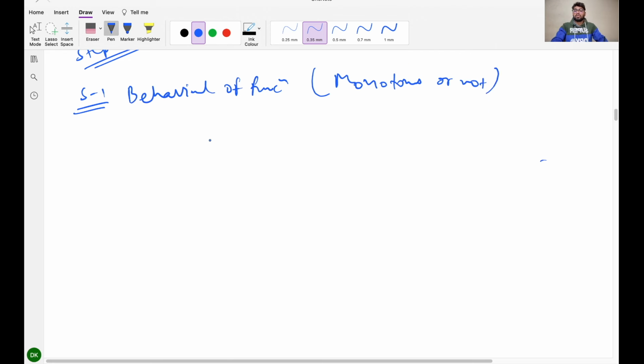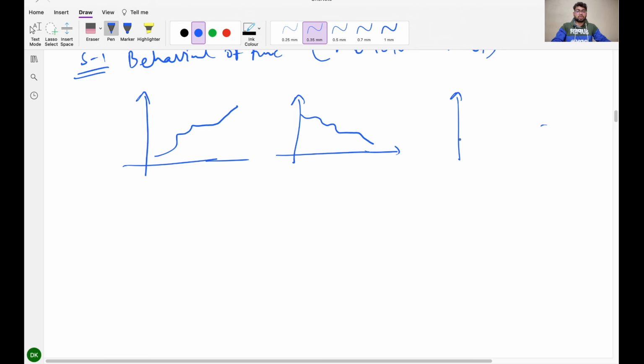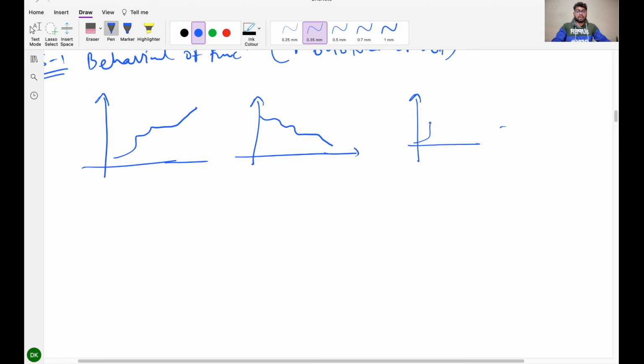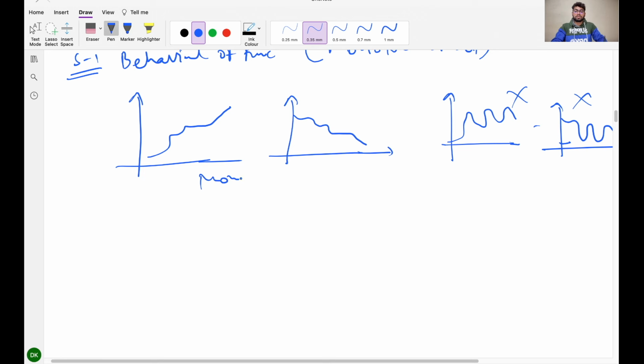For this we always have to check if a function is rising, even if there is saturation but overall rising, or if it decreases, even if there is saturation but overall decreases. This is not allowed: if there is something like this, with too many maxima and minima, this is not allowed. And this is called monotonic.